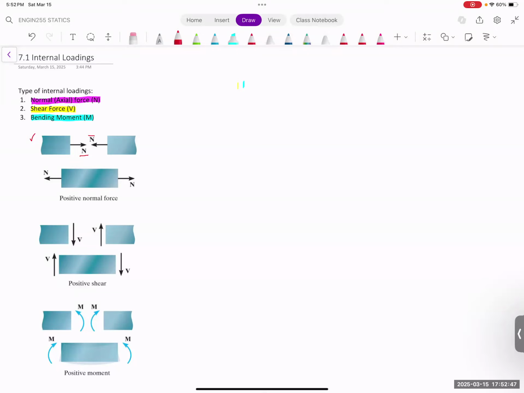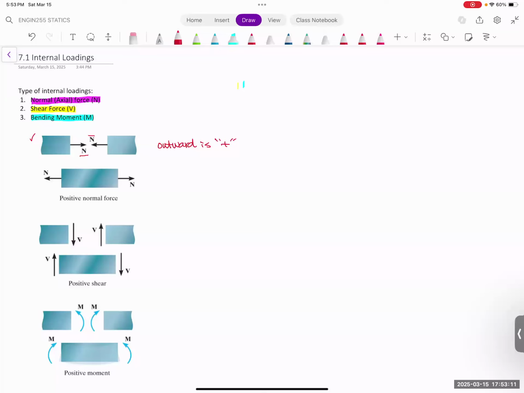If you have a normal force going outward, it is positive. That's how we define the direction. The sign convention is very important. If it goes outward from the element, depending on which side you look at the element, that direction is the positive direction.